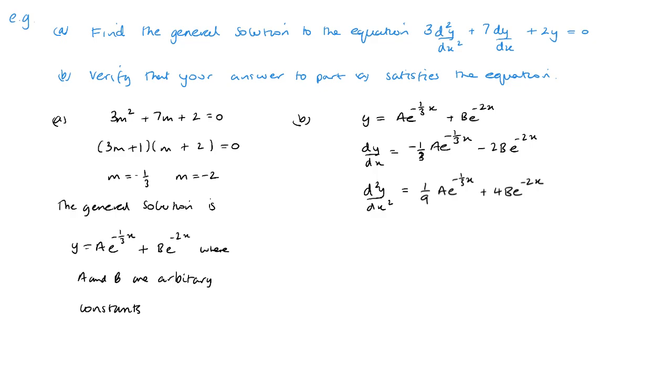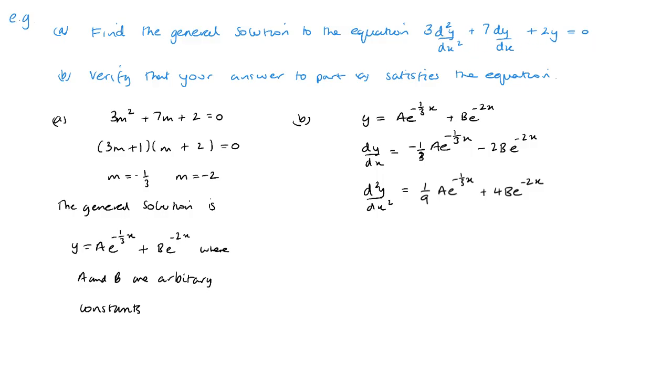Now I've got a term in y, dy by dx and d2y by dx squared. So if I substitute into the left hand side, they should all cancel with each other, leaving me with 0.